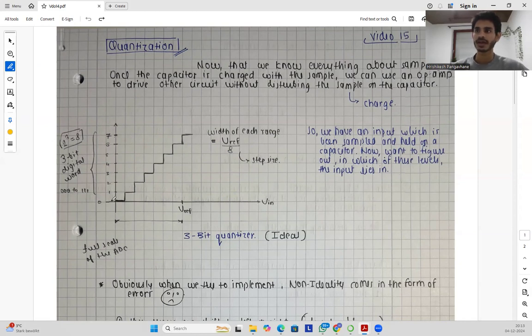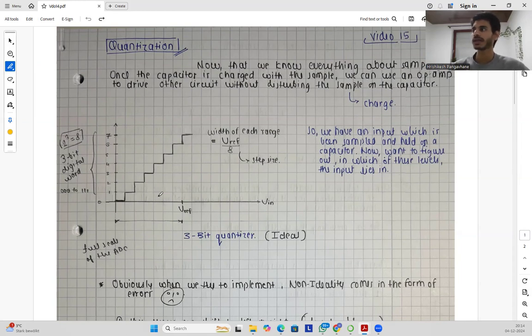So we have 8 steps from 0 to 7, which means 2 to the power 3, and this gives us a 3-bit digital word going from 000, 001, 010, 011 to 111. Based upon where our sample voltage lies, we can assign the digital word to that particular sample, and that's how we discretize this amplitude.